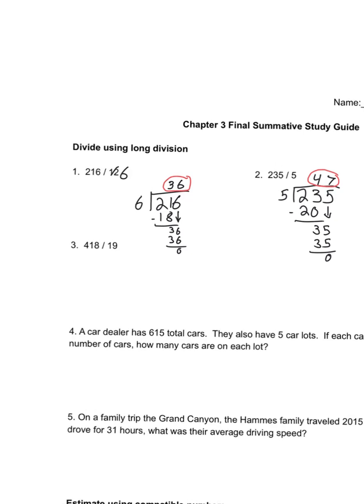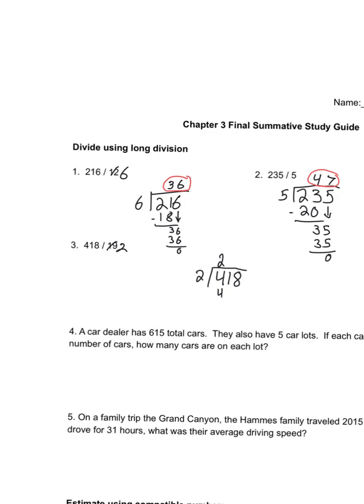Number 3. We turn this 19 into a 2. So you're going to take 418 divided by 2. 2 goes into 4 twice for a nice even 4.